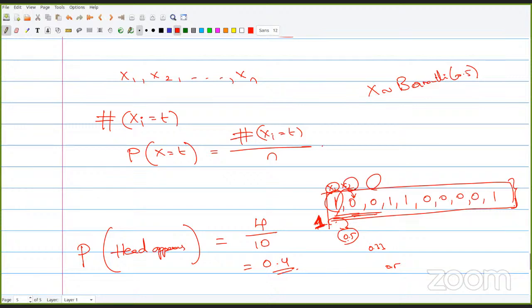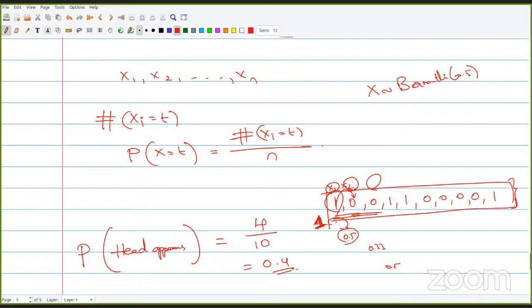After one sampling, we improvise our posterior, improvise our PMFs. If it is a discrete random variable, we improvise our PMFs. Ultimately, after so many samples, we come up to the actual distribution. This is called Monte Carlo simulation.